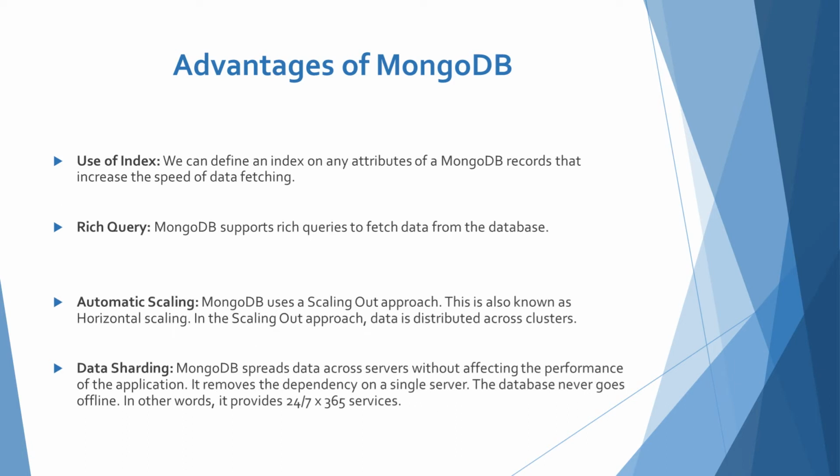And use of indexes. We can define an index on any attribute of MongoDB records, which increases the speed of data fetching. MongoDB improves the performance of the database. How? Whenever we create indexes, it improves the performance of the application. That is the advantage of indexing.